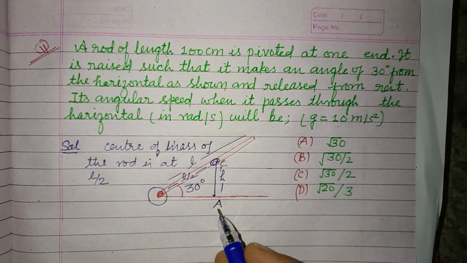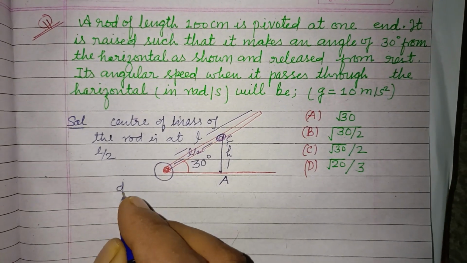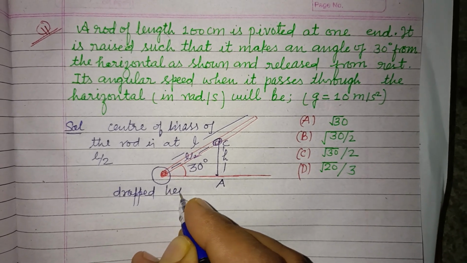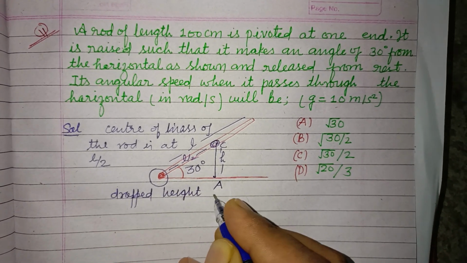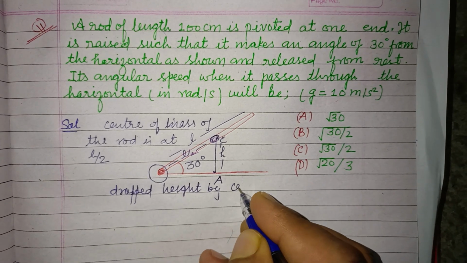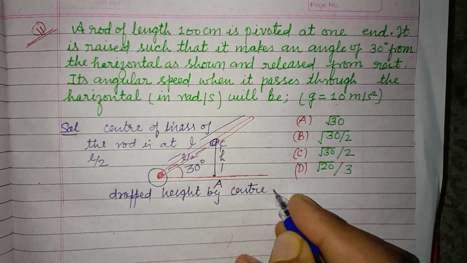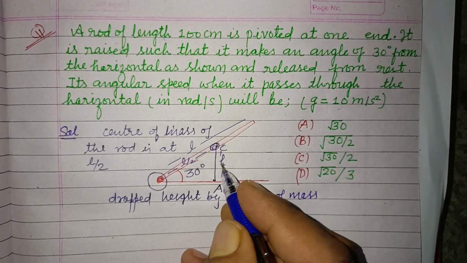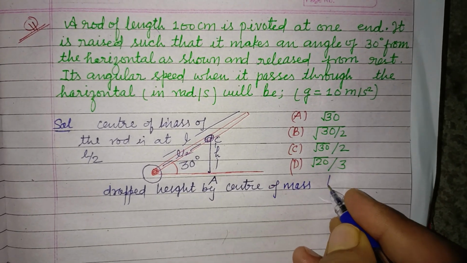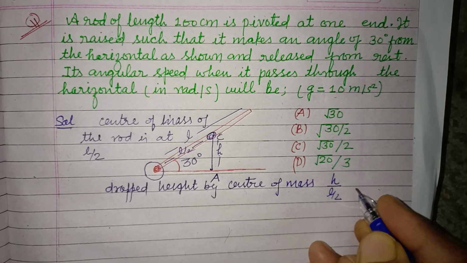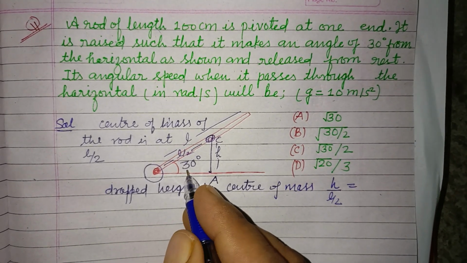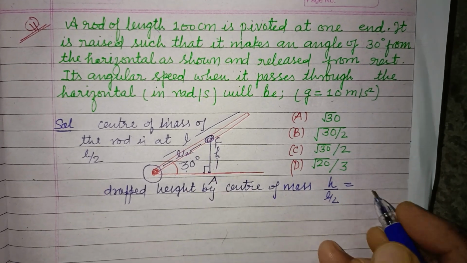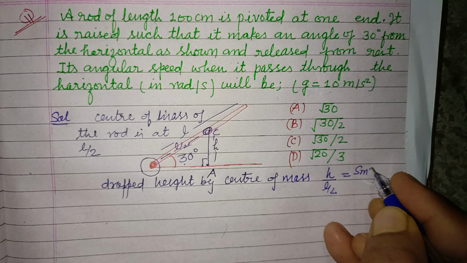is dropped. So the dropped height by the center of mass, that is this over this, H over L by 2 equal to, this is perpendicular over hypotenuse, sine 30.